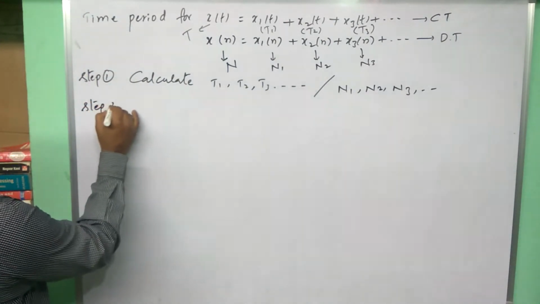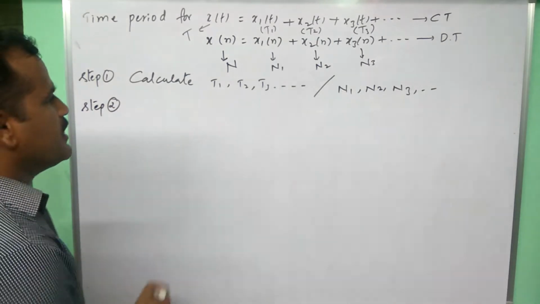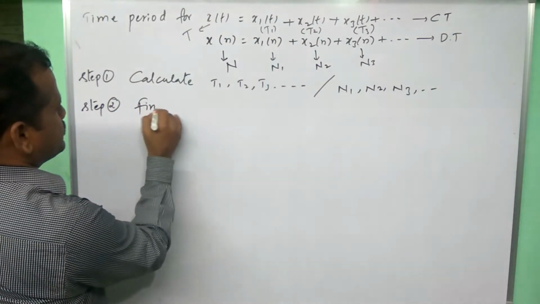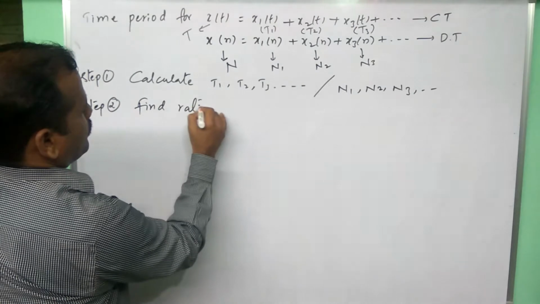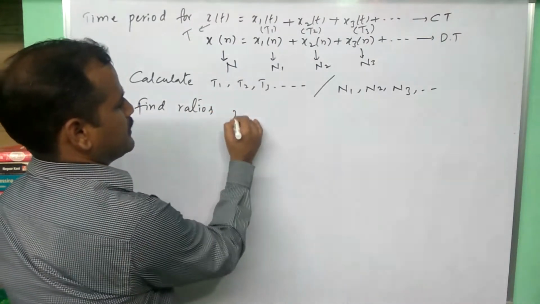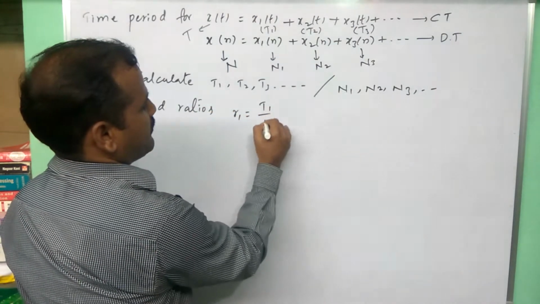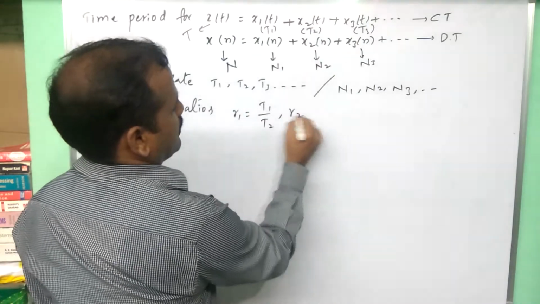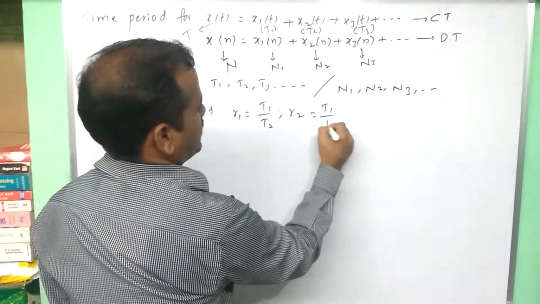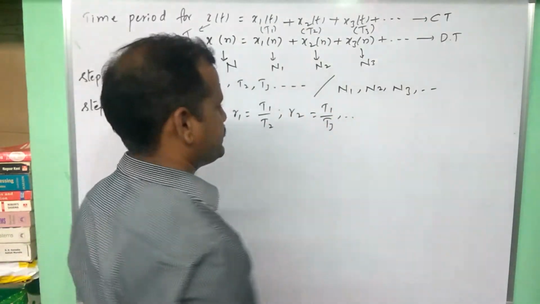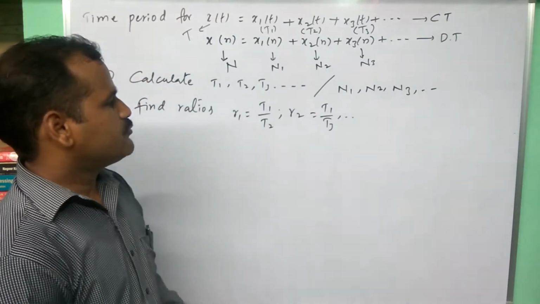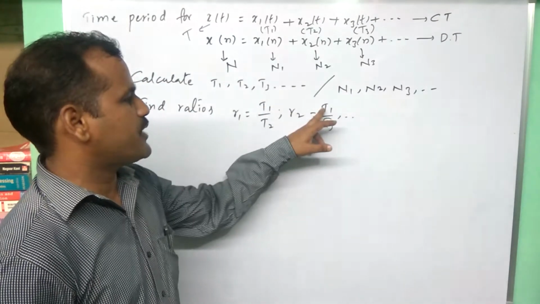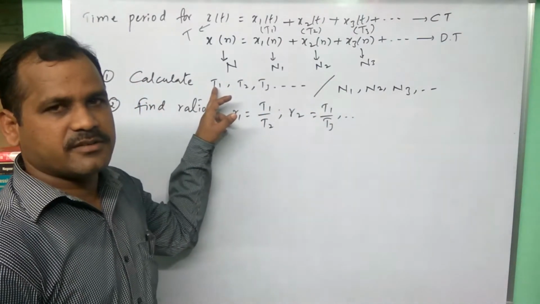And the second step, find the ratios as R1 is equal to T1 by T2, R2 is equal to T1 by T3 and so on. Observe all the ratios having the numerator as the first signal's time period.